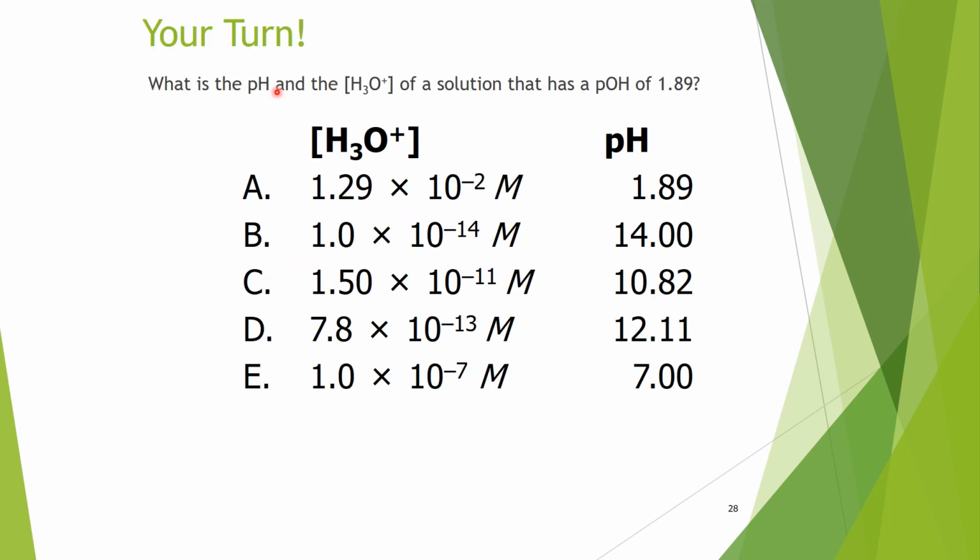Okay, again, what is the pH and hydronium concentration if the pOH is 1.89? Right, so you can figure out the pH from the pOH, and then you could figure out the H3O plus from the pH.